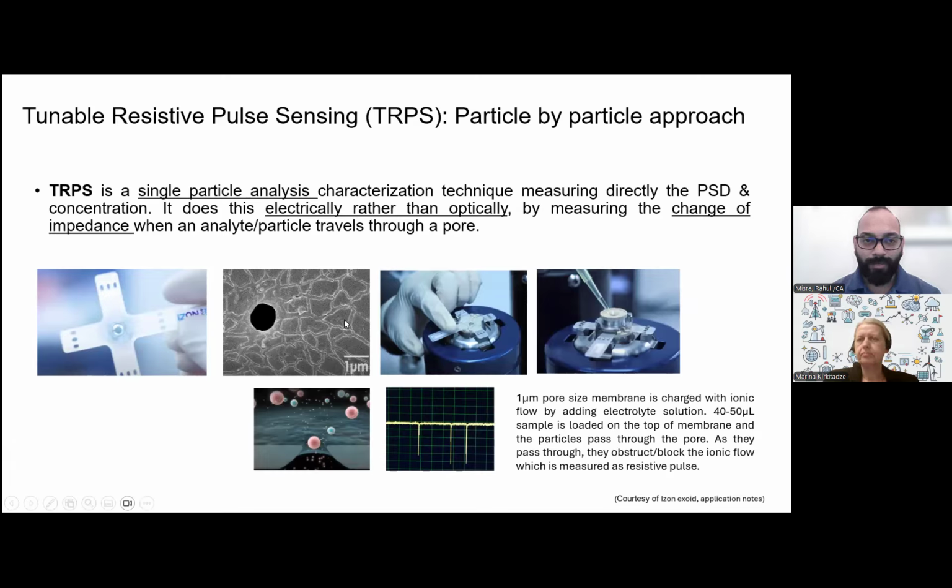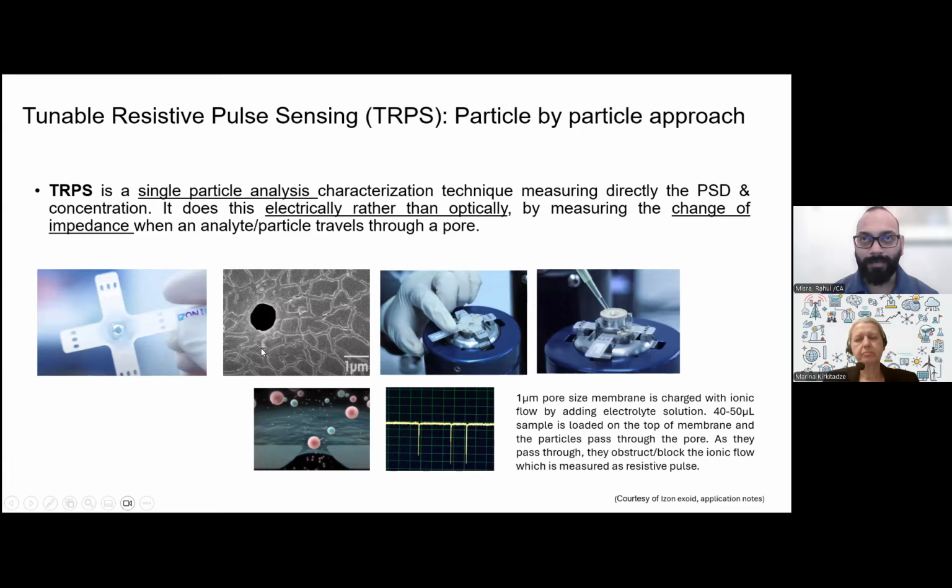The way this technique works is that it is not an ensemble technique. It's a particle by particle approach. It's basically interrogating each and every particle in the formulation as they pass through the pore. This cross-section is what we call a nanopore, and it has a small pore in it, which could be the size of 1 micron.